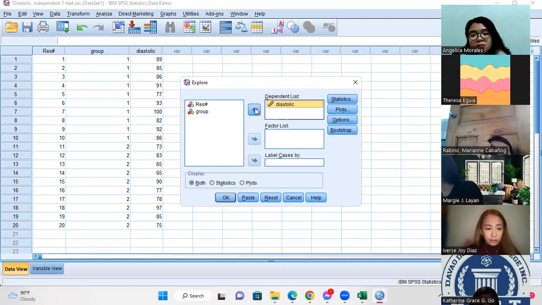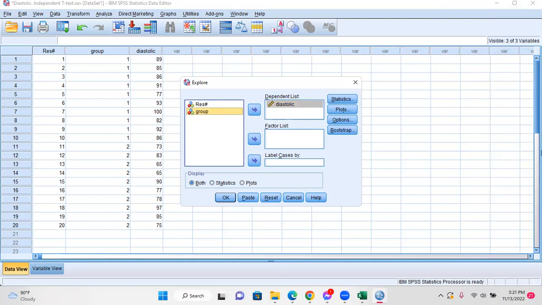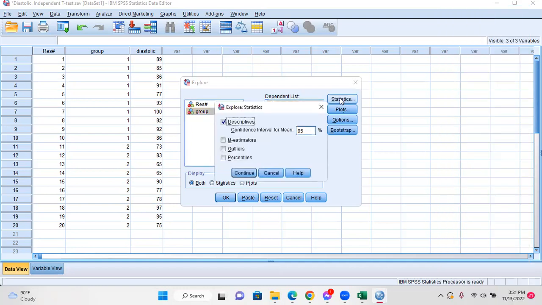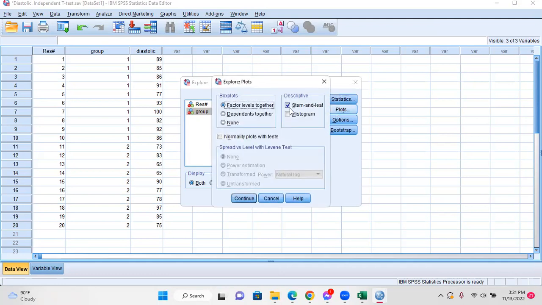Thank you po. So, etong dependent list, dito tayo sa diastolic. And then group, hindi nakasali ang group. And then, statistics, click outliers. Ito, ma-memorize nyo to, itong normality, kasi lagi kayo mag-normality test.